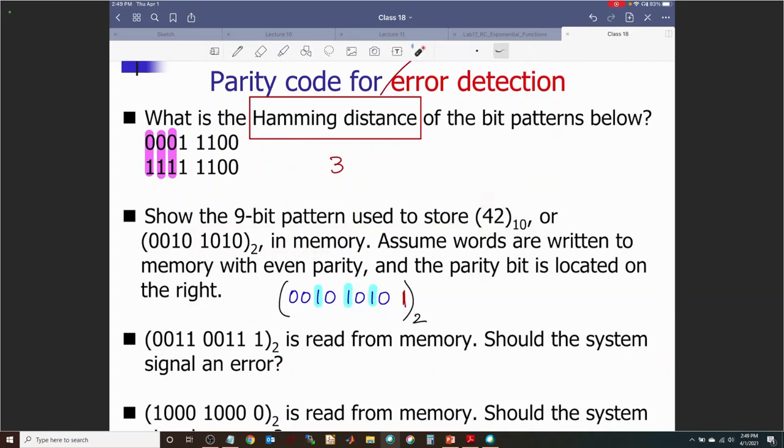This was 42, and this is the 9-bit pattern that we are using to store that 42 with one parity bit. So the number of data bits, or the useful bits, is 8. One of them is redundant, the parity bit, and combined you are generating a 9-bit code word that you will eventually write to memory.